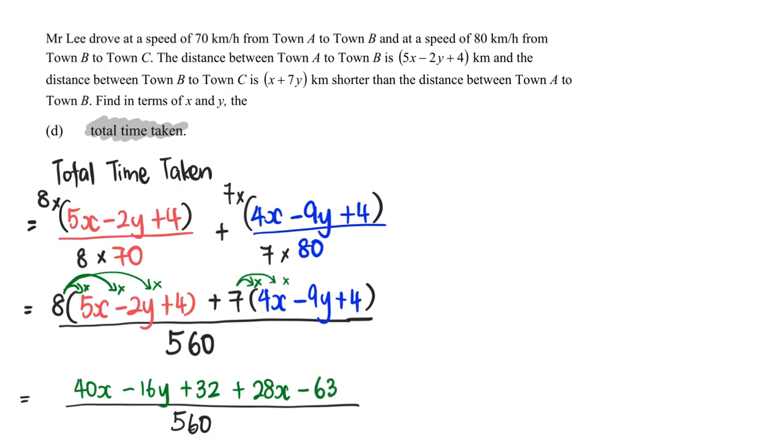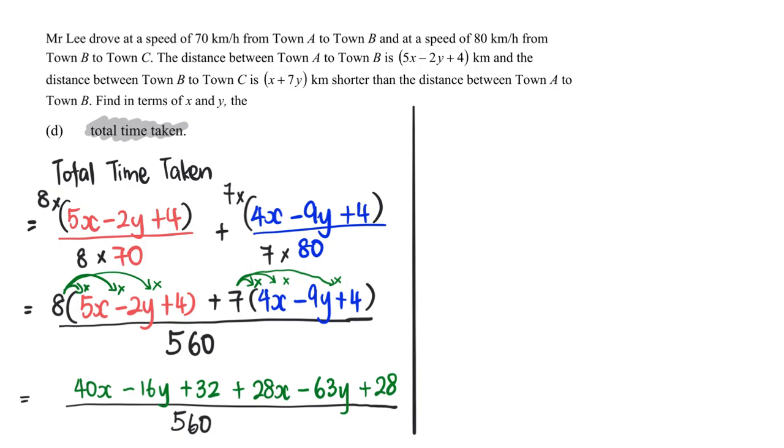Negative 63y. Positive 28. And lastly, let's continue to simplify it.